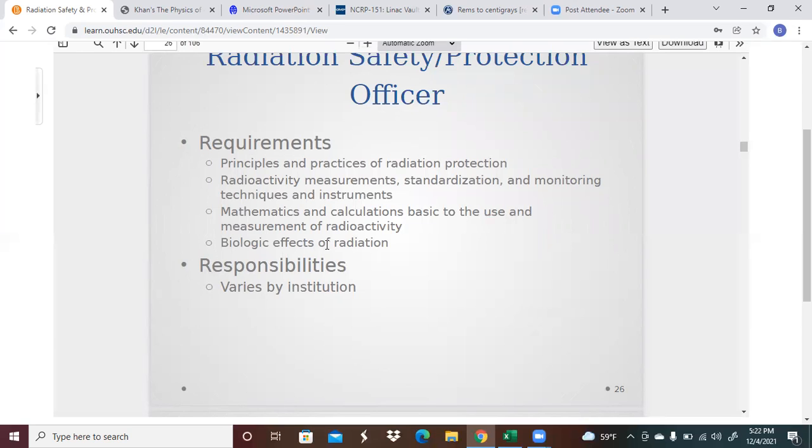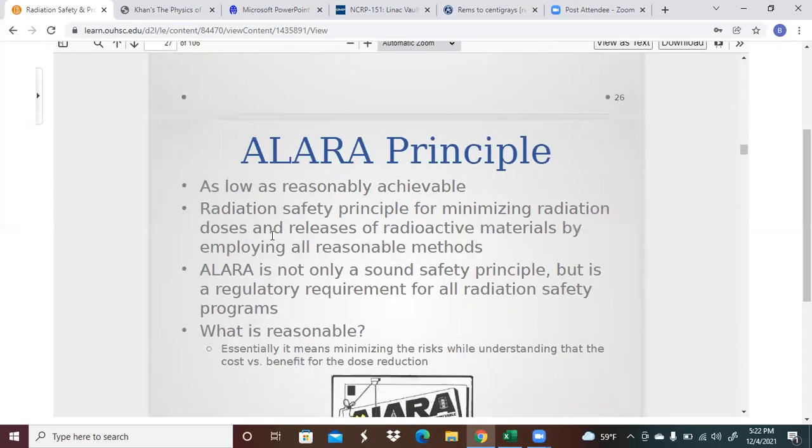Obviously, they're going to use math and calculate basic computations to use and to measure radioactivity. They're going to have an idea as to the biological effects of radiation, and the responsibilities are going to vary by the institution, however they've got that structured.